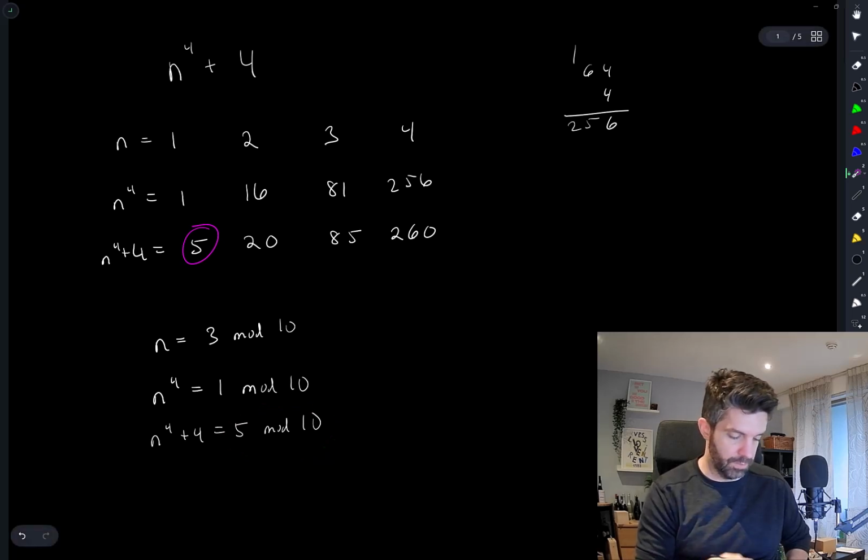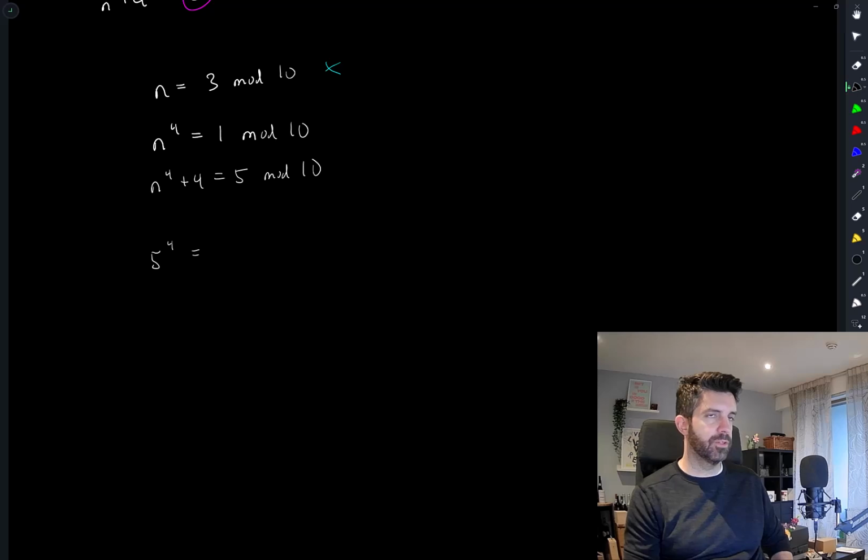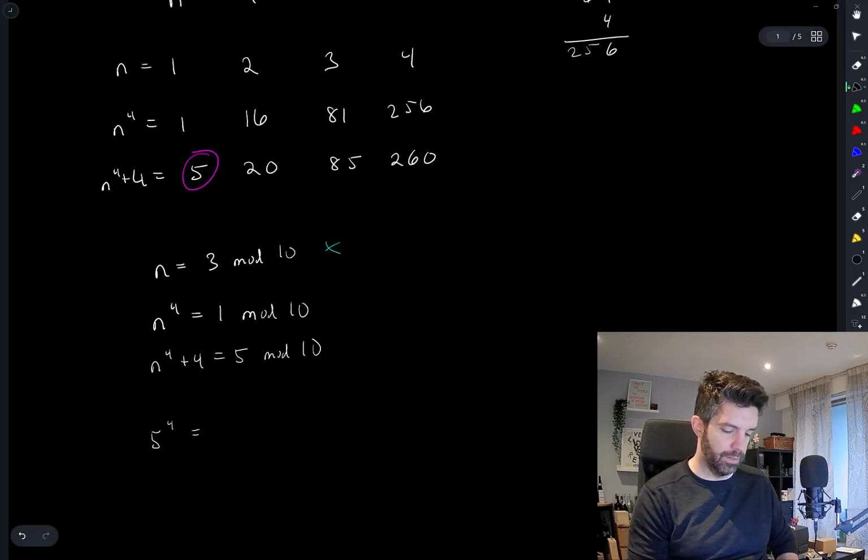Otherwise, it's a multiple of 5. So anything ending with a 3 won't work. What about a 5? Well, that's 5 mod 10. There's not much we can say about that. I'll come back to 5.